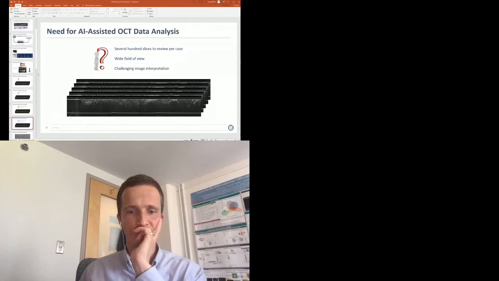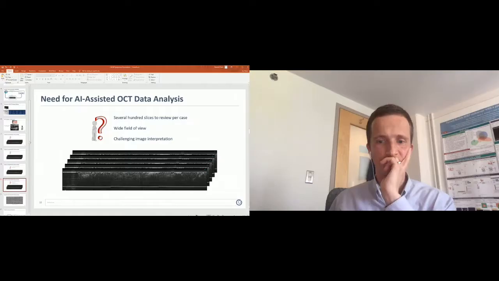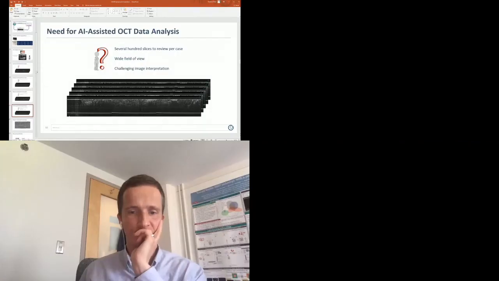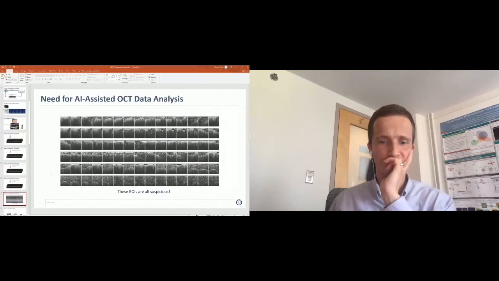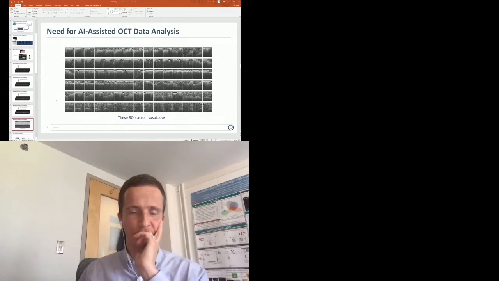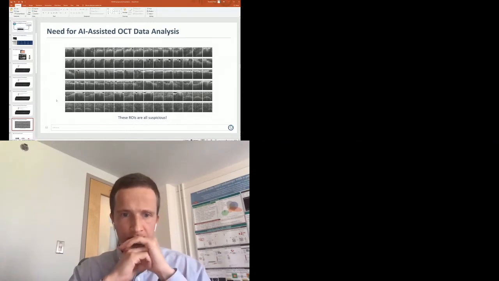And of course, next comes that image interpretation is very challenging. If you look at all these thumbnails, these ROIs are all suspicious. It means that there is no unique characteristic of which ROI is suspicious.